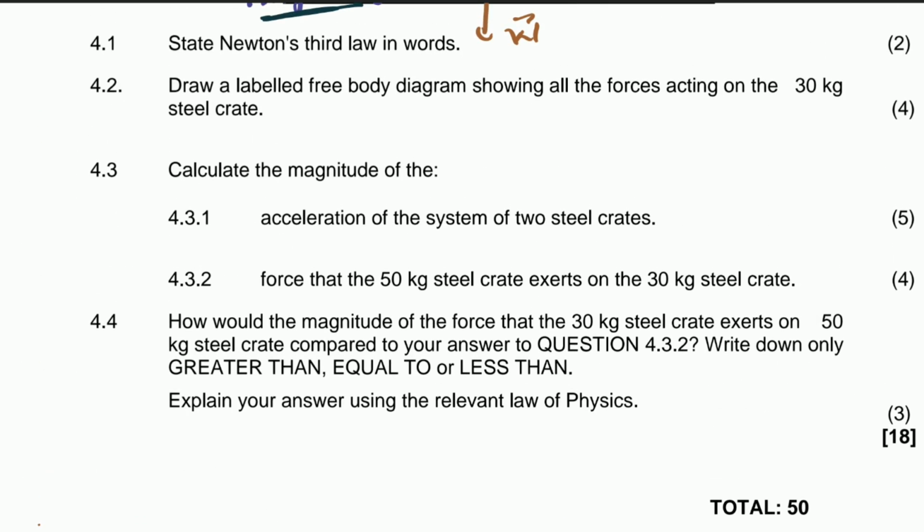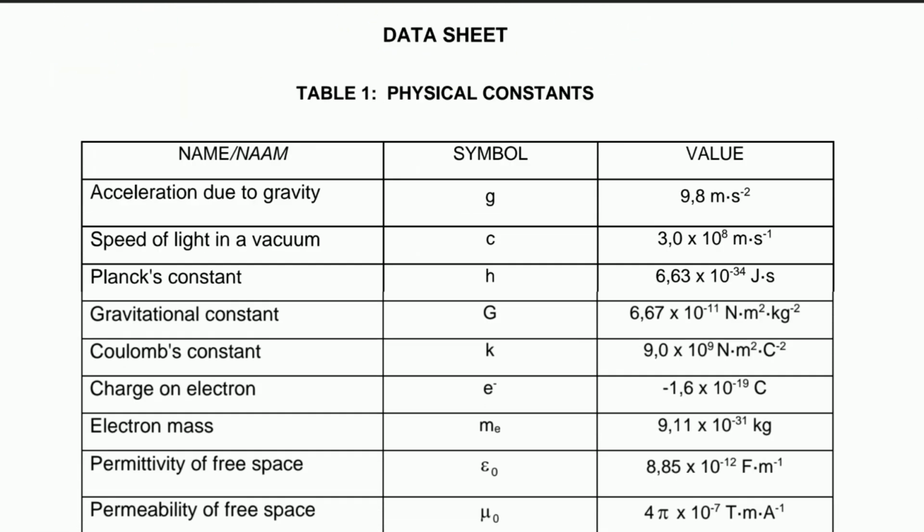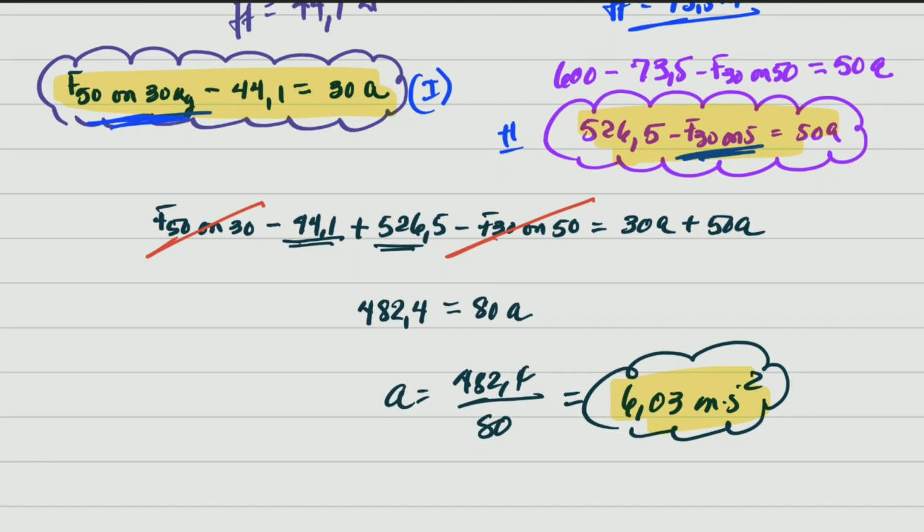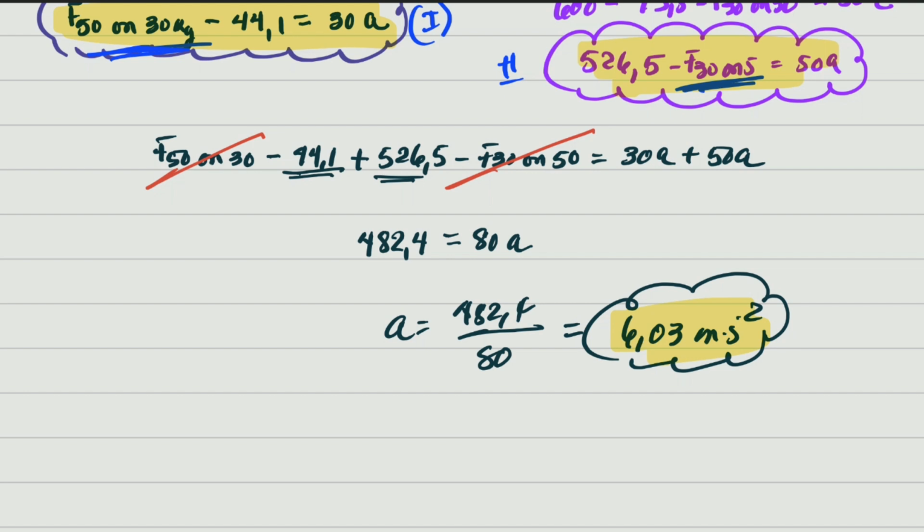So now calculate the magnitude of the force that the 50 kilogram steel crate exerts on the 30 kilogram steel crate. So all we have to do is use either equation 1 or 2 and substitute the acceleration, guys. It's quite simple. This one will be question 4.3.2.